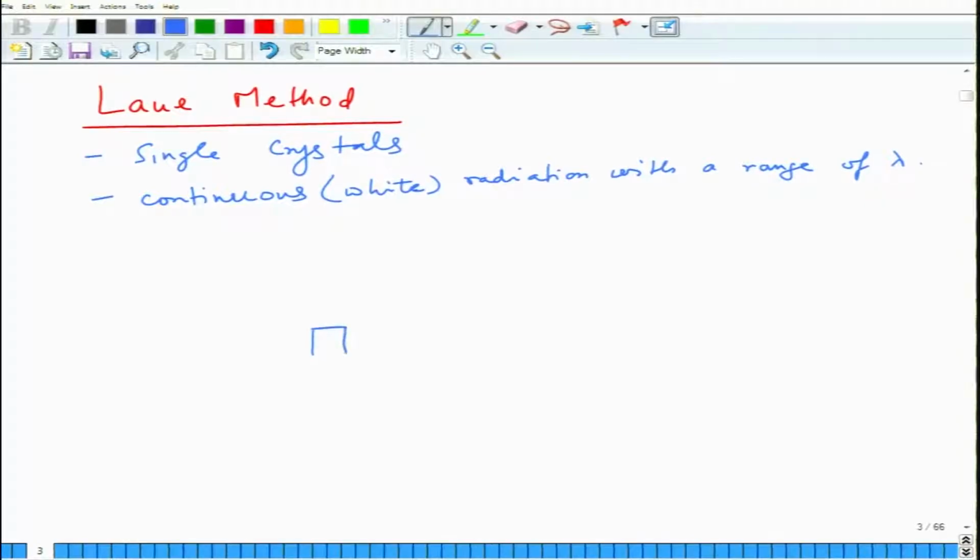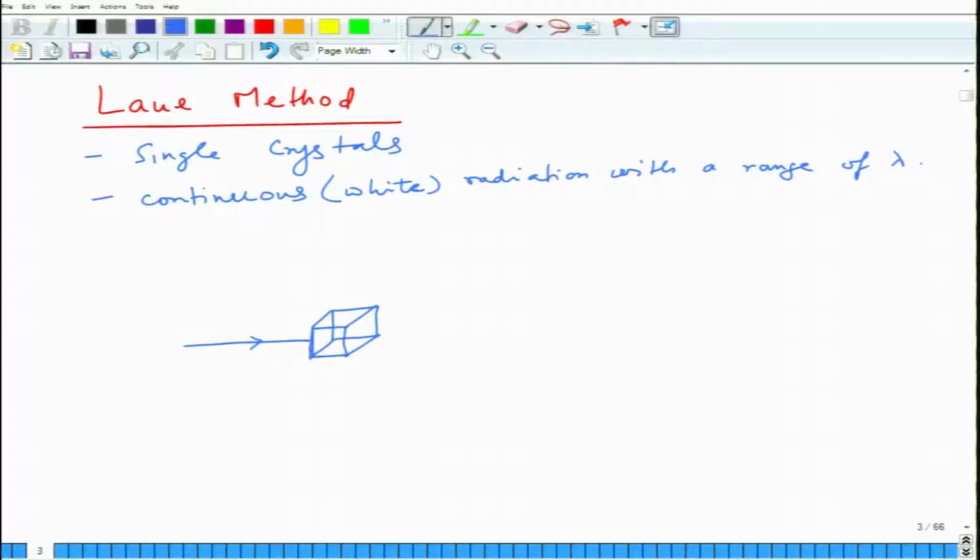So basically what happens is that you have a crystal like this, a single crystal in fixed orientation. A single crystal will have planes at different angles.